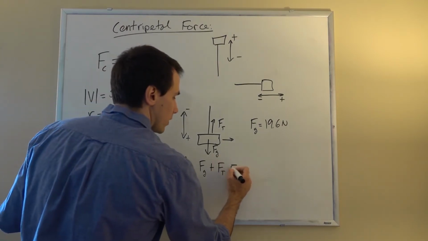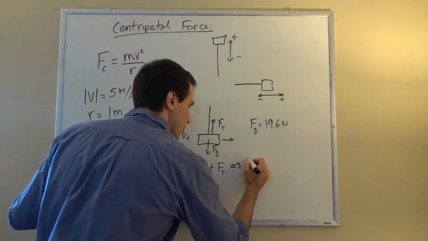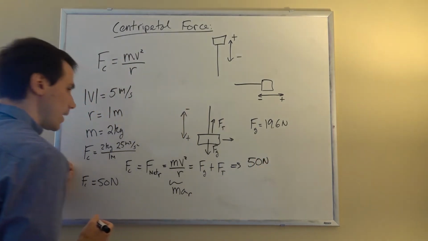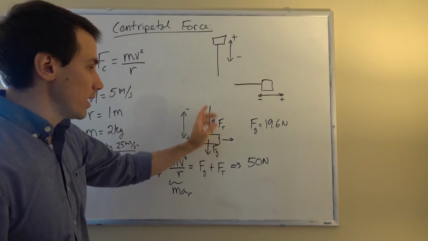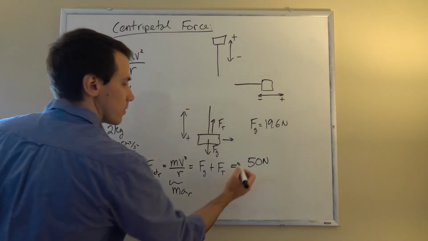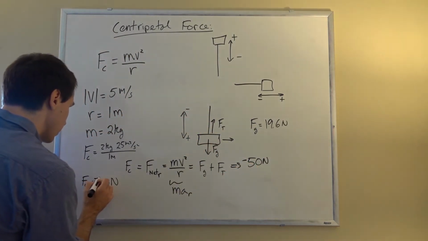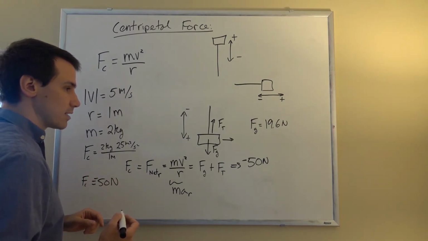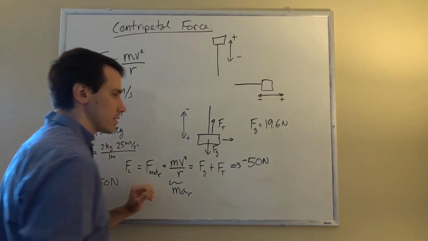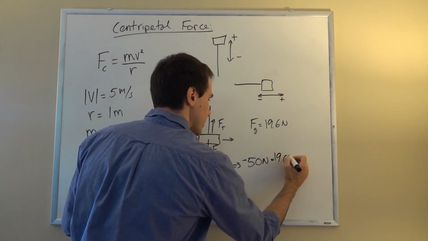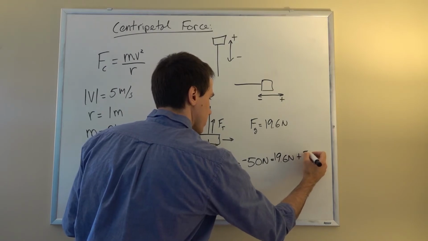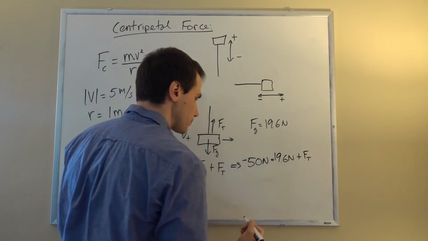So when I look at this equation, I see that 50 newtons, and based in my coordinate system, the centripetal force needs to point radially inward, which is negative. So I have a negative value here for my centripetal force in my coordinate system, equals 19.6 newtons plus the force of tension.